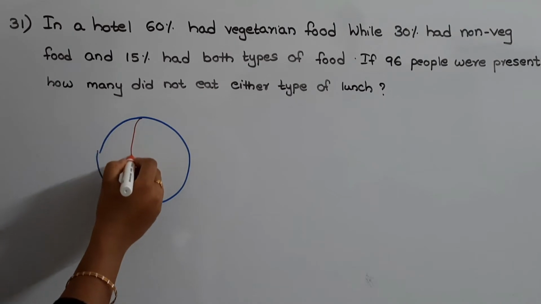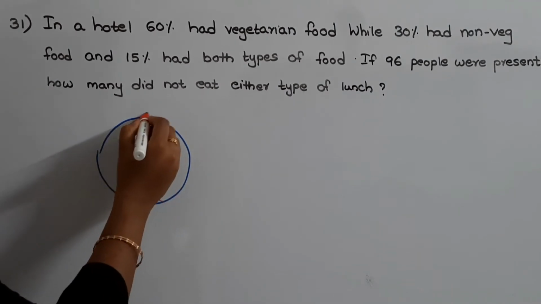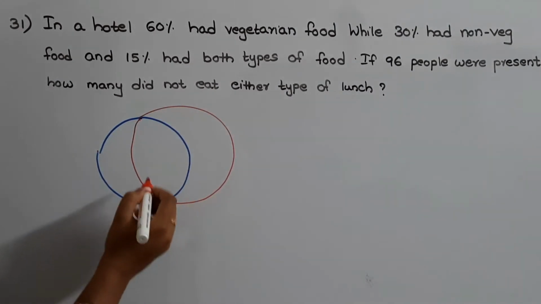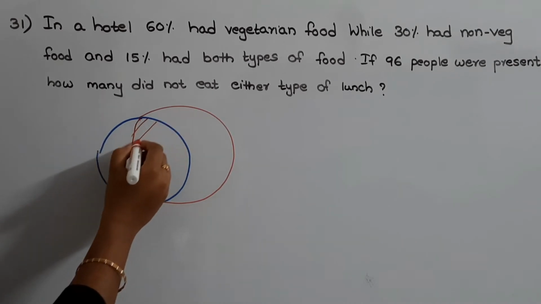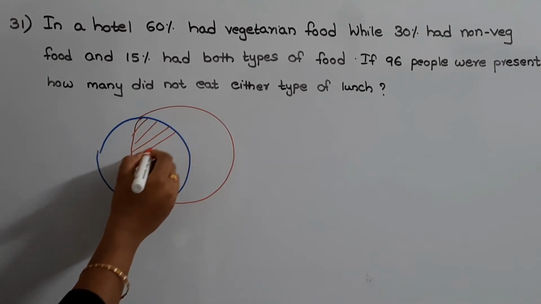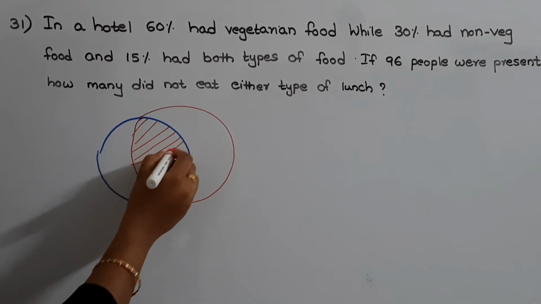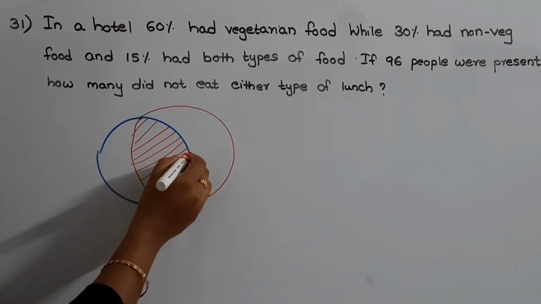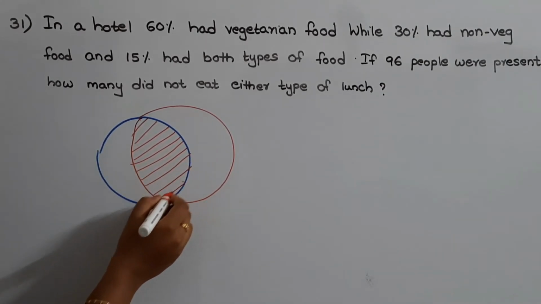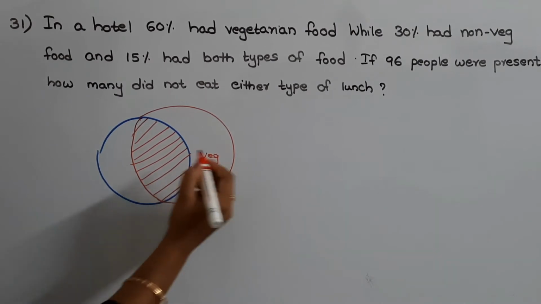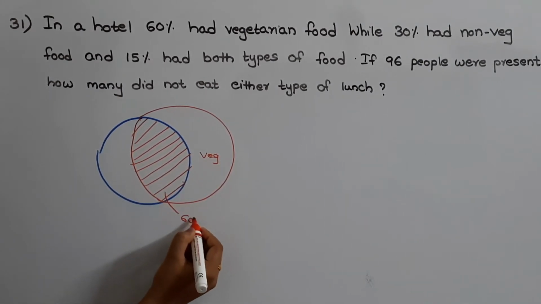So 60% of the members had vegetarian food. Let us take this as the part of the members who had vegetarian food. So this is given as 60%.